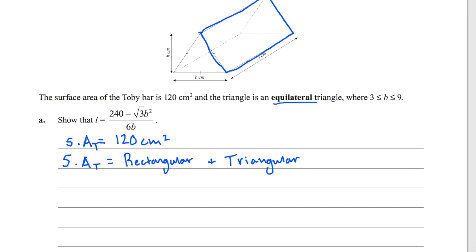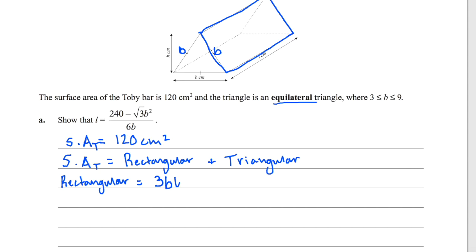Hopefully you can see that this is an equilateral triangle, so these side lengths here are B. So for the rectangular part, we have 3 of them, so it's 3 times base times length, so 3 times B times L. Hopefully that's pretty straightforward. Okay, so that's the surface area of the rectangular parts.